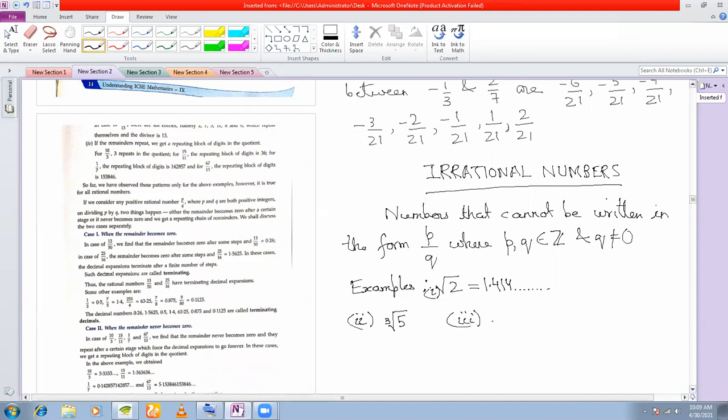However, square root of 36 is not an irrational number, because square root of 36 can be written as the square of a rational number 6, which is a rational number, not an irrational number.